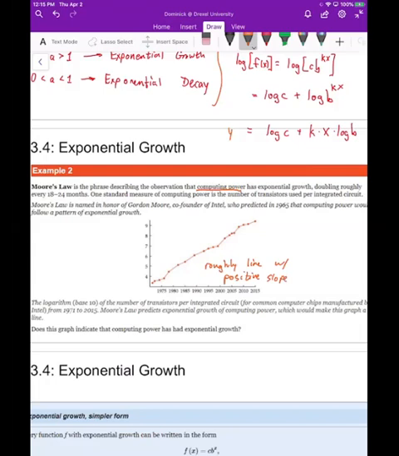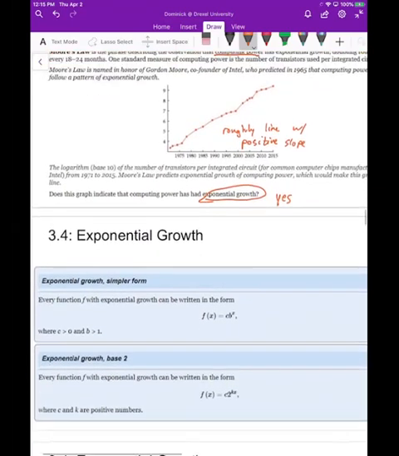So if your logarithm of your exponential growth is a positive sloped line, then of course this will have exponential growth. So the answer to this question, of course, is yes. All right, but that's sort of the idea.